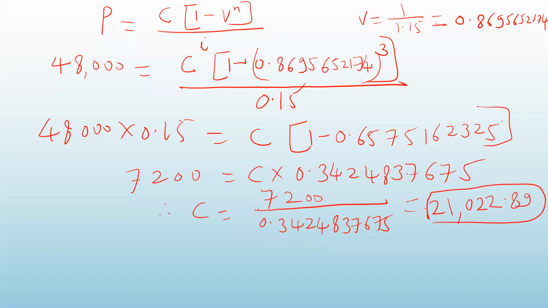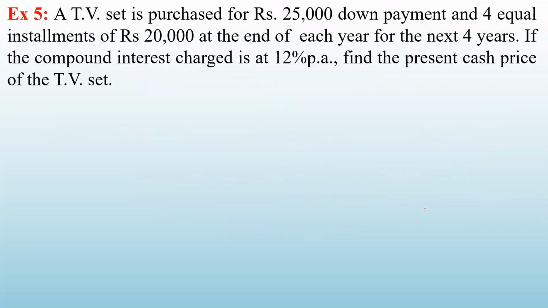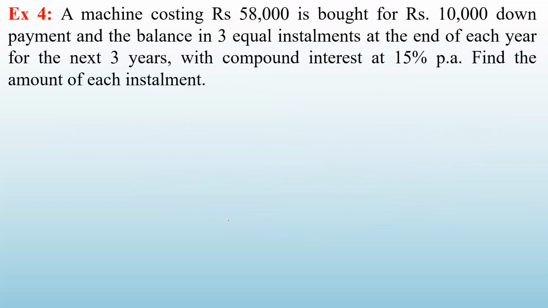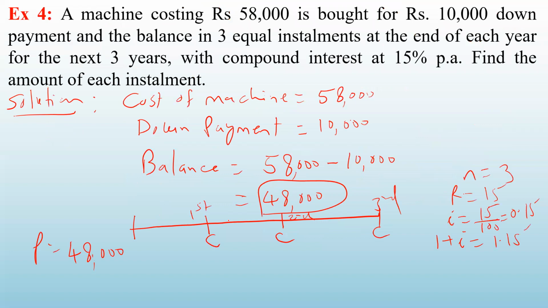So this much is the amount of installment. See here, the amount of installment C is coming as 21,022.89. So this much amount every year he has to pay if he is not paying 48,000 today.